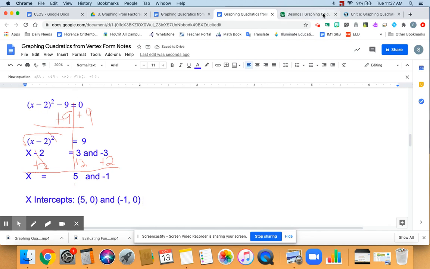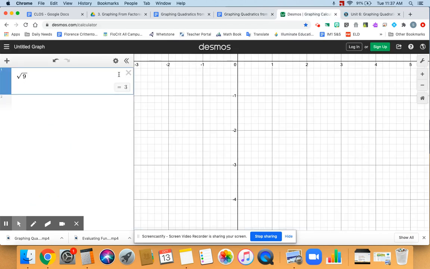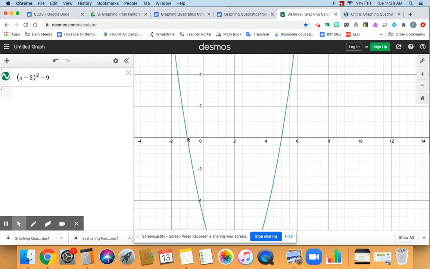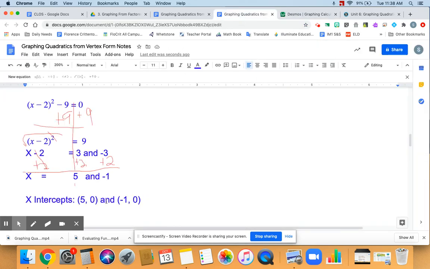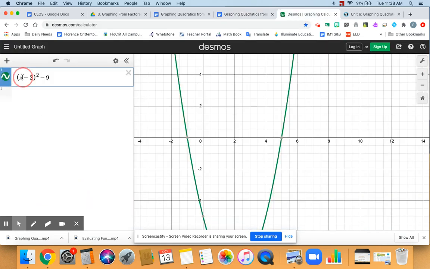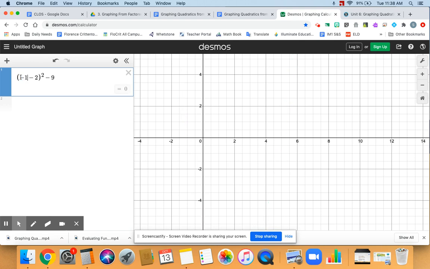And just to quickly prove to you, if I take the equation (x - 2)^2 - 9, here's the negative 1 and here is the positive 5, like we got when we solved. If I put negative 1 in here, the answer becomes 0.